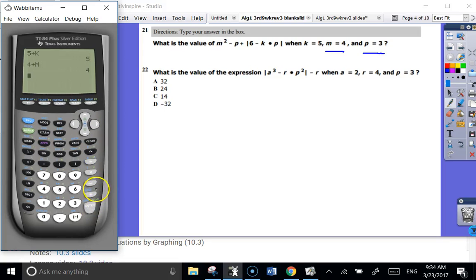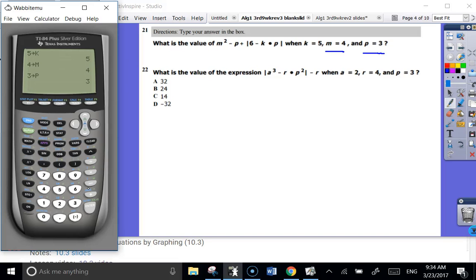That's right. And 3 store P, alpha. And where is P? On the 8, thank you. Delete, delete, alpha, 8. There we go. So everybody should have that. Store, store, store.